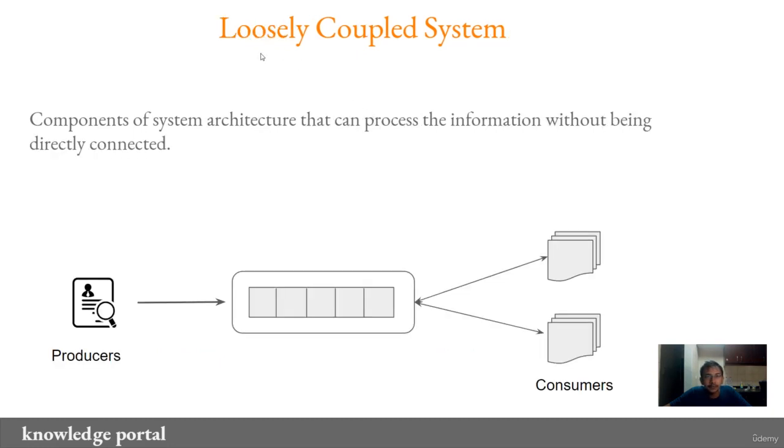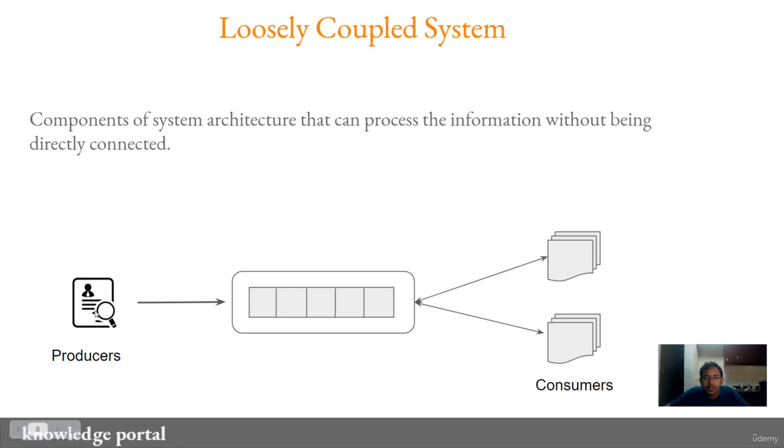Now the second type of system is referred to as a loosely coupled system, in which the components of a system architecture can process the information without directly being connected. So you have a producer, you have a queue, you have a consumer. So now if the consumer is down, then the producer essentially does not really need to worry.